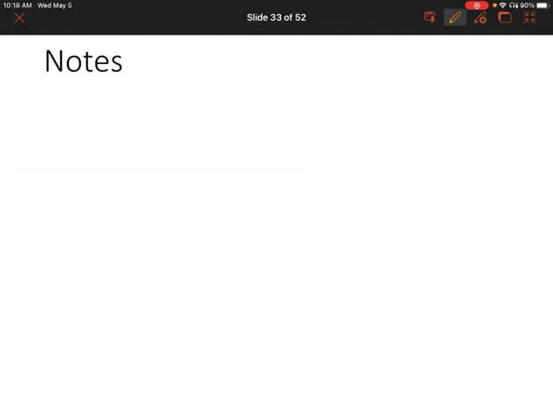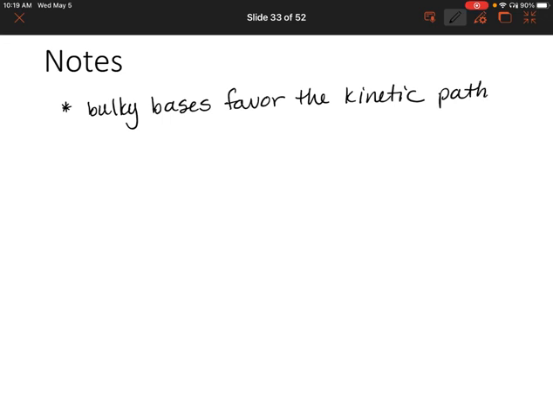So let's make some summarizing notes here. So we just said that bulky bases favor the kinetic pathway. And remember, we talked about that base LDA, lithium diisopropylamide, and that will form an enolate really easily. So that's a good one to use, and it's bulky.